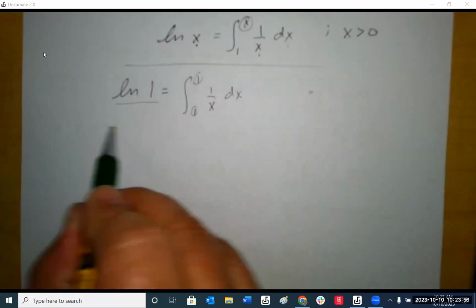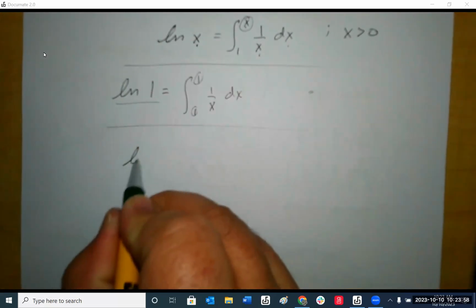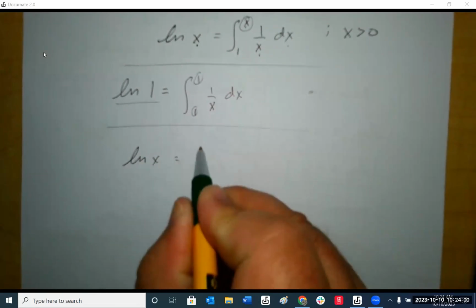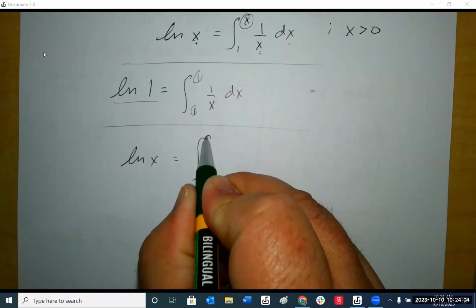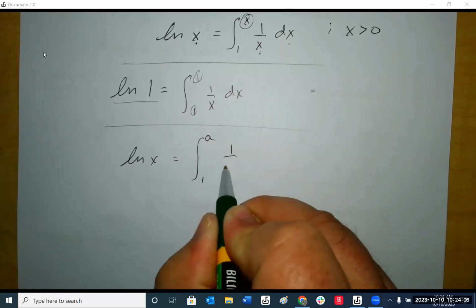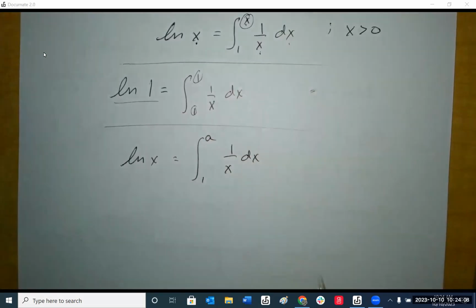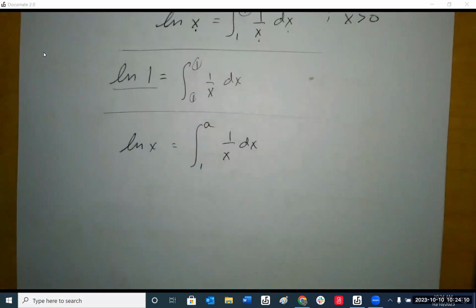So what we have to do here is we have to define our ln x from 1 to some value a. Or you can use t.